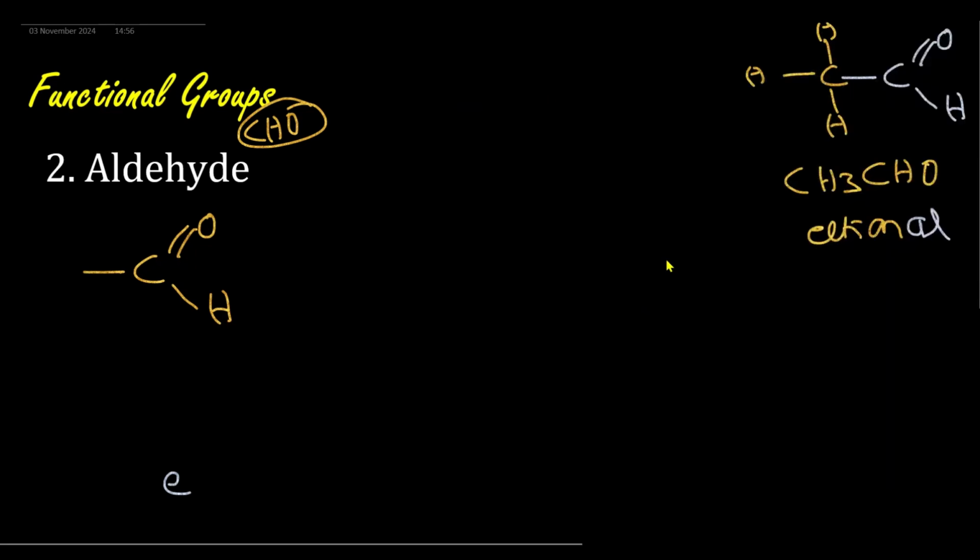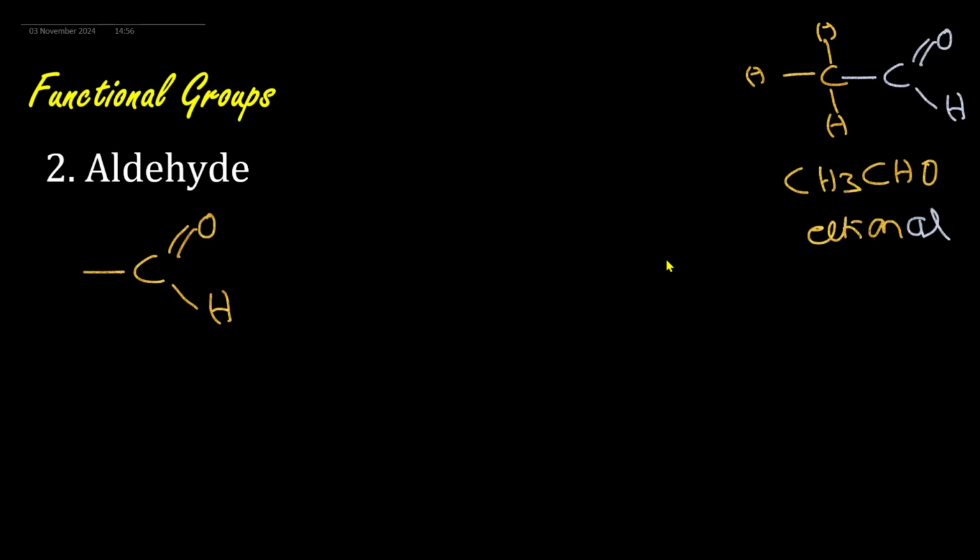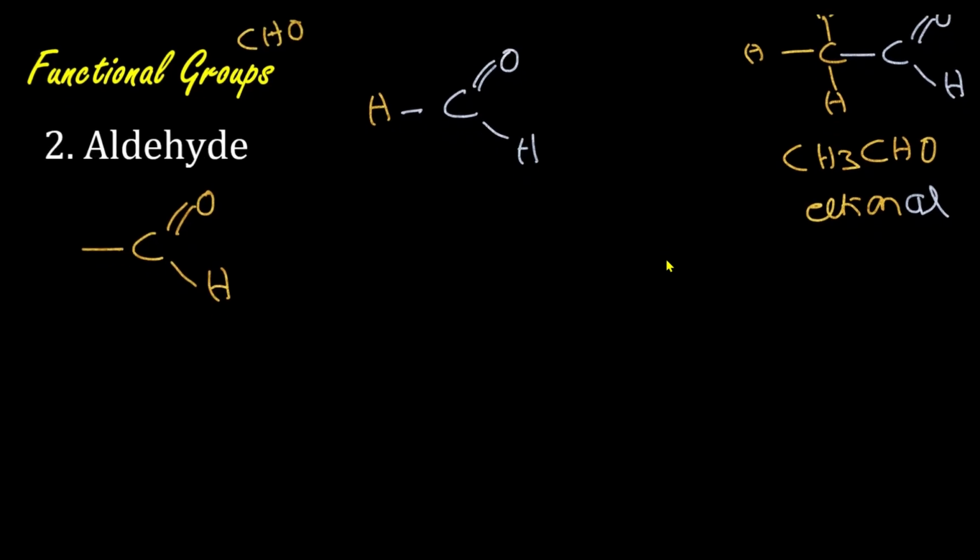Now, if I have to make a compound with a single carbon atom, first I'll write C. And as you know, with one carbon atom for aldehyde, there is a double bond O and single bond H, with a place left only for one hydrogen. And as I said, for aldehyde it is CHO, and this is not going to change. Therefore, we'll be writing HCHO as the molecular formula of this compound.